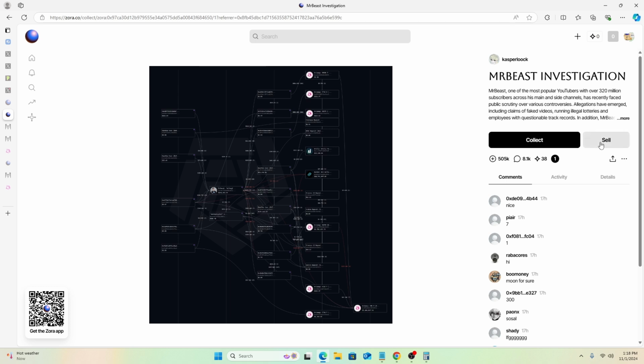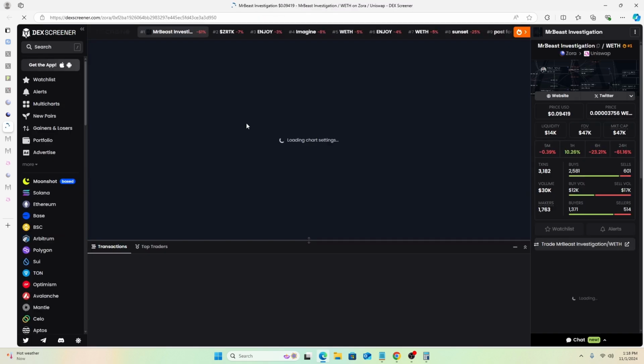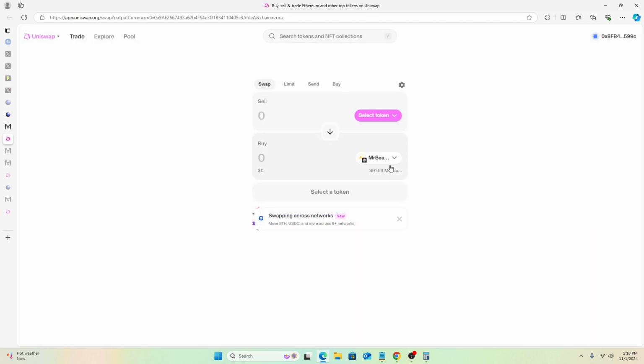I don't know why, but if I go here to DEX Screener and go on the DEX, I won't be able to find this. I bought this directly on the market without going through the Zora platform.